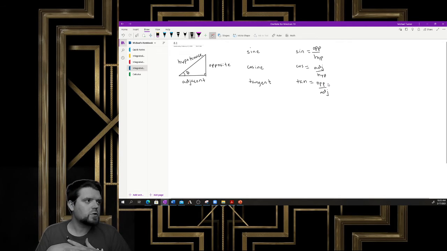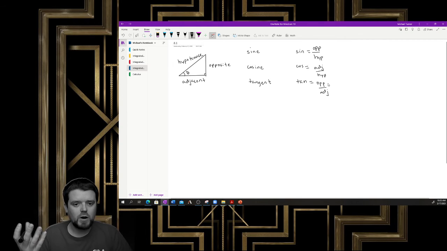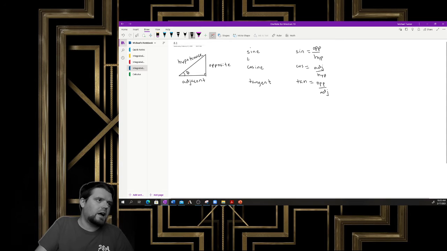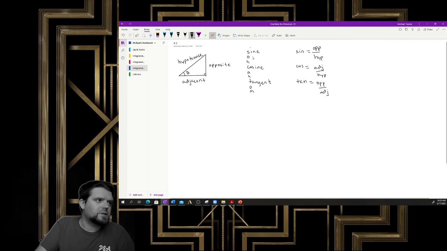Okay? Usually, you have access to your notes. If you don't have access to your notes, there is an acronym that helps you memorize the ratios as they exist. And that acronym is SOHCAHTOA. Sine is opposite over hypotenuse, cosine is adjacent over hypotenuse, tangent is opposite over adjacent.